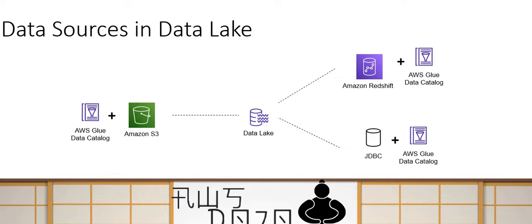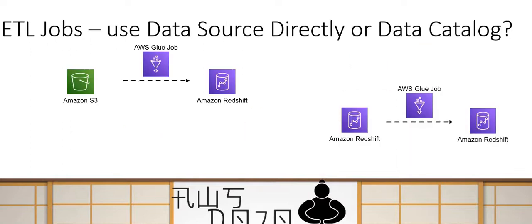Now here comes the challenge part. It's not exactly a challenge, it's more a question of best practice. If I am writing an ETL job, should I use the data source directly or should I use the data catalog?